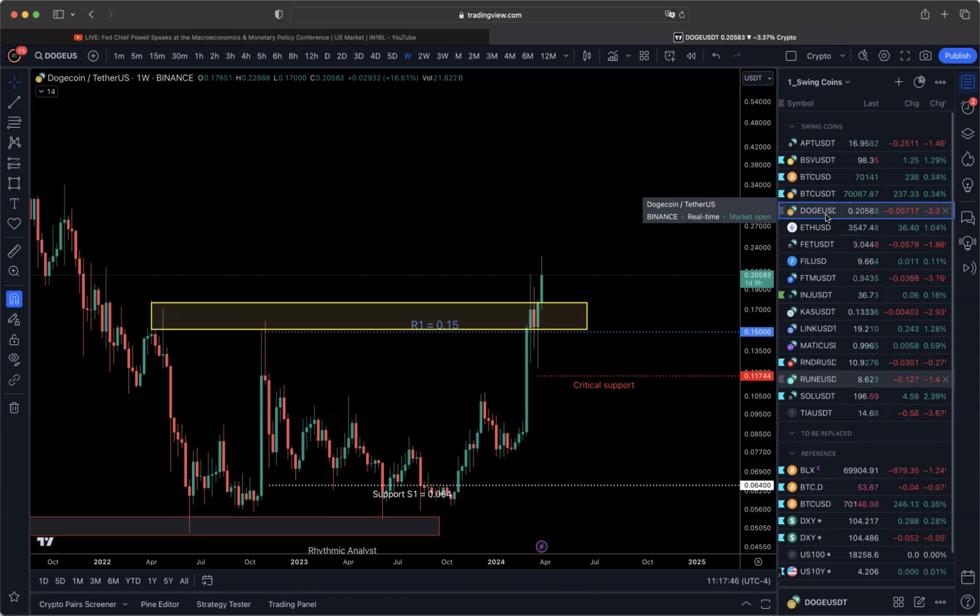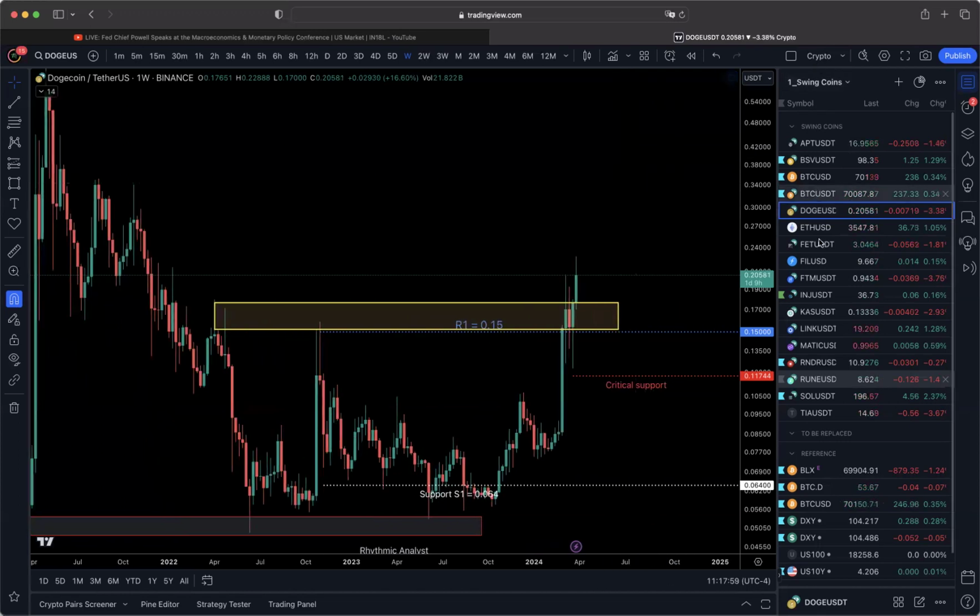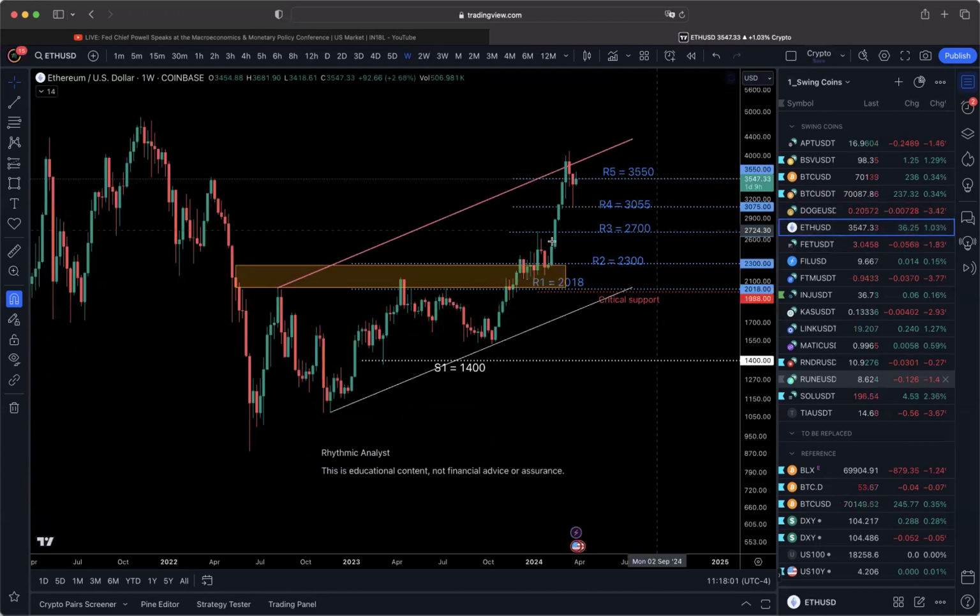So these are three stages, and we try to put different coins into these three stages, and that helps you in planning. That's the whole intention, right? Okay. ETH, Ethereum is consolidating, meaning it's resting, gathering energy and so on.